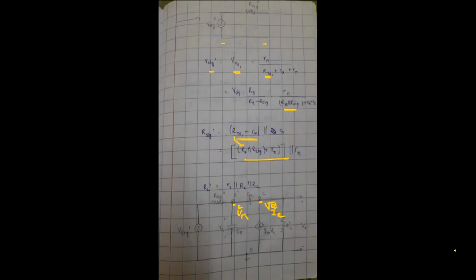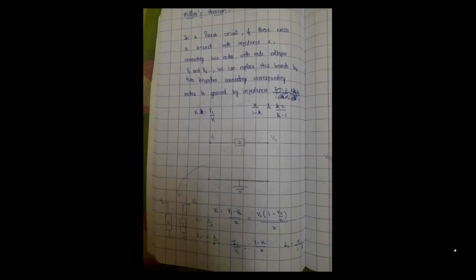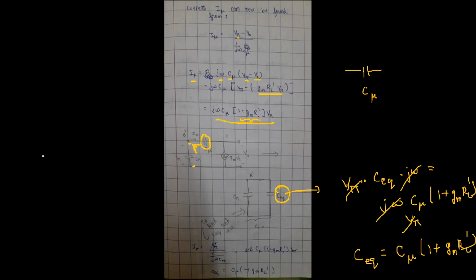So now we have simplified this circuit a lot. We just have one resistance here, one capacitance, one voltage source here, a dependent current source here, and one resistance here.